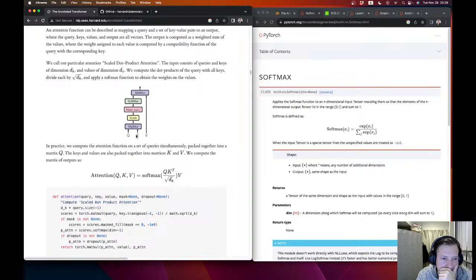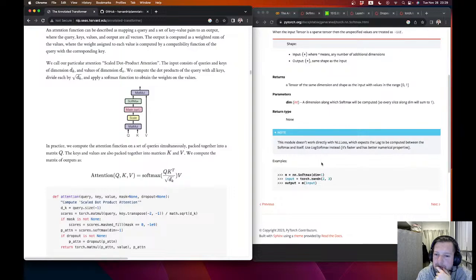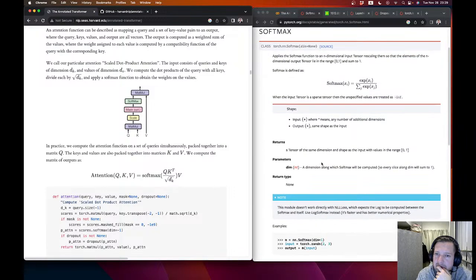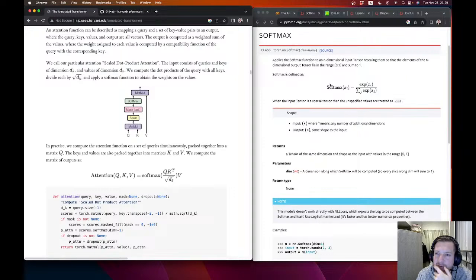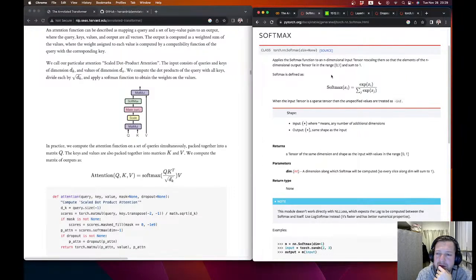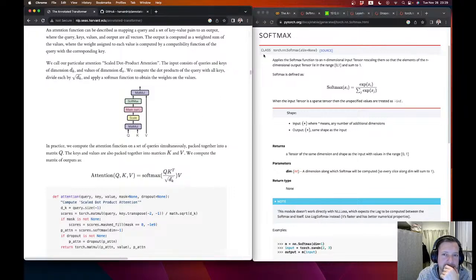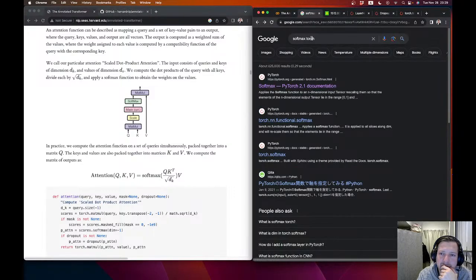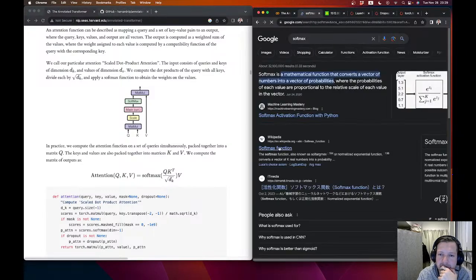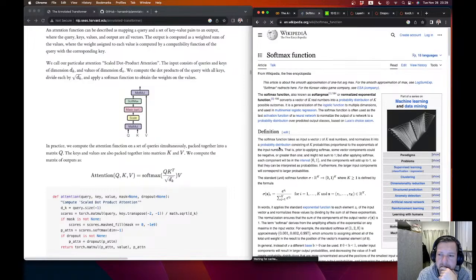And then the softmax basically normalizes this, but also accentuates the highest values. Maybe let's go to the Wikipedia page again. It converts a vector of k real numbers into a probability distribution of k outcomes.